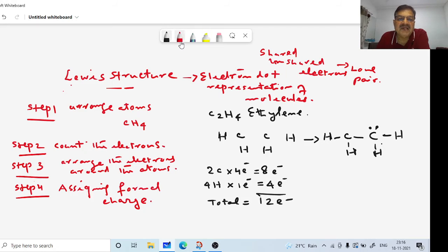That is how we will have to do it here. This non-bonding pair will become a bonding pair of electrons between the carbon atoms, and a double bond will be formed. So this can give you a structure like this.